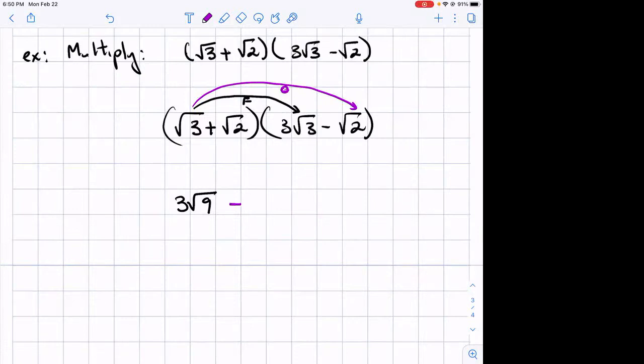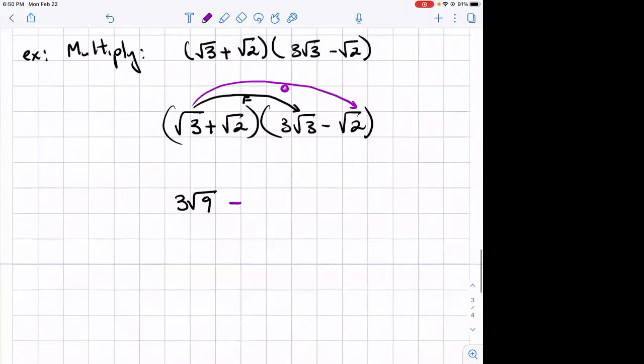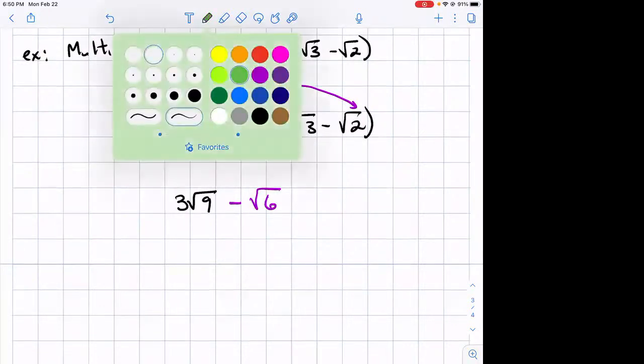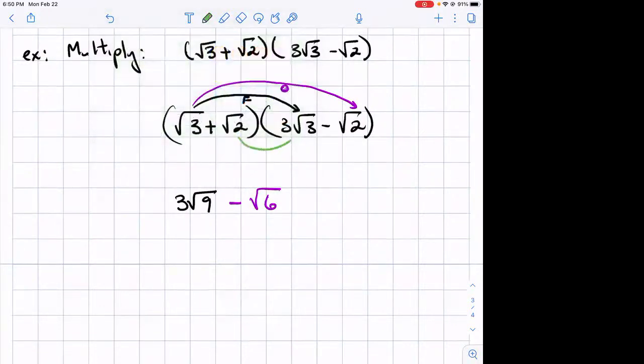Then, using a different color, the outer terms: this times that, root 3 times minus root 2 becomes minus root 6. Using another color, the inner terms become positive 3 root 6.